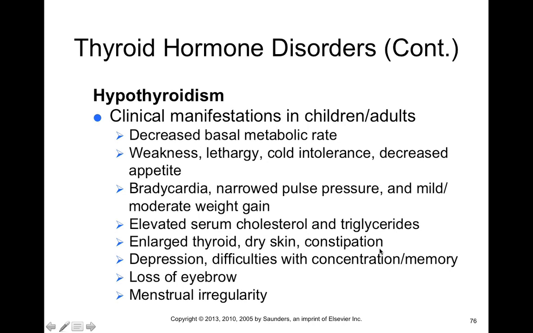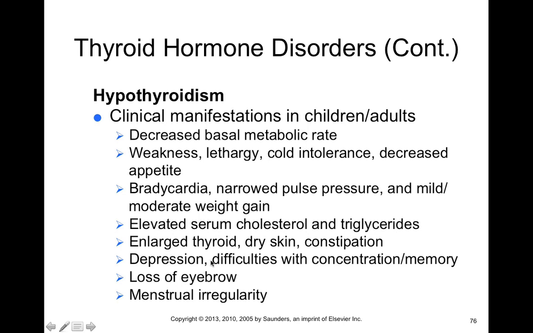Remember, you get constipation here because of decreased GI motility. Because thyroid hormone affects muscle contraction, you'll see that people with hypothyroidism are more prone to constipation. How do we define constipation back in the GI unit? Y'all remember? Yeah, less than 3 bowel movements per week. Good.